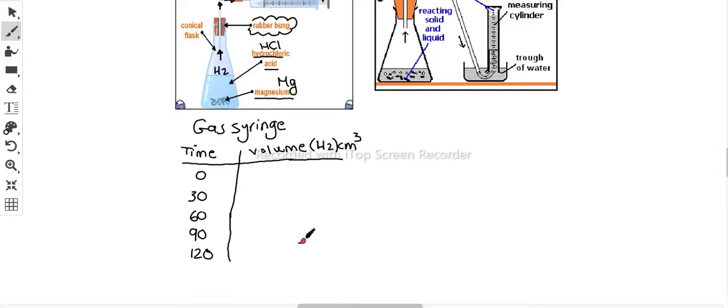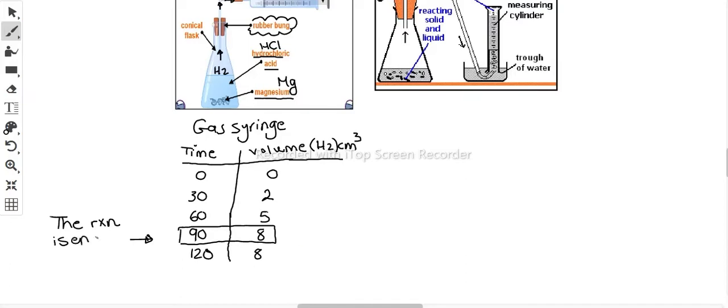Initially, at the beginning of the reaction, of course, this would be 0. Within time, the volume collected will increase. Let's suppose that you have 2 cubic centimeters here, then it increases to 5, then becomes 8, then it becomes constant. Why do you think it becomes constant? The volume becomes constant. This is an indication that the reaction reaches completion. So the reaction is ended, and this is how you can know that the reaction is already done.